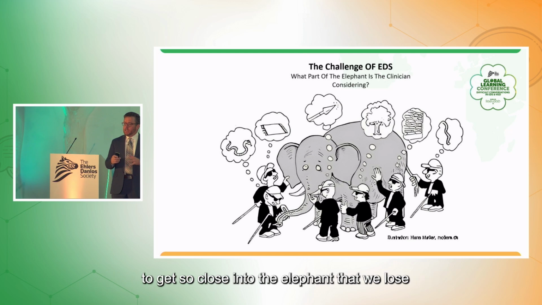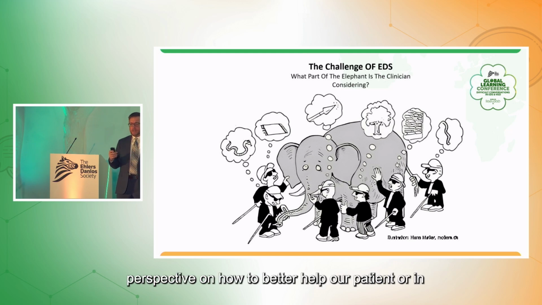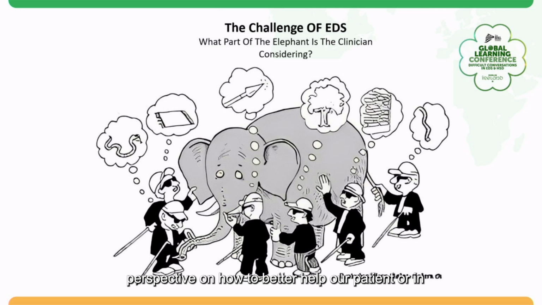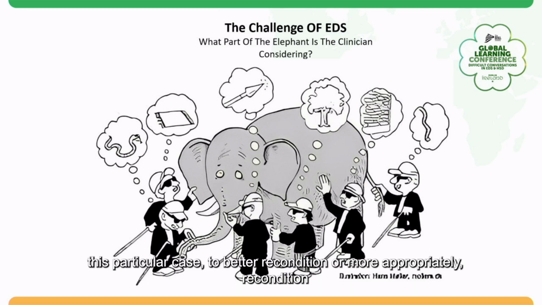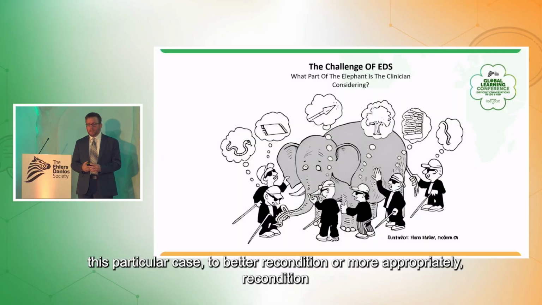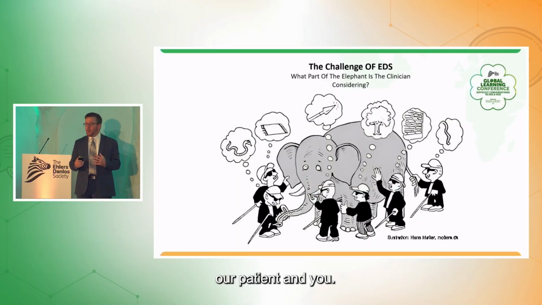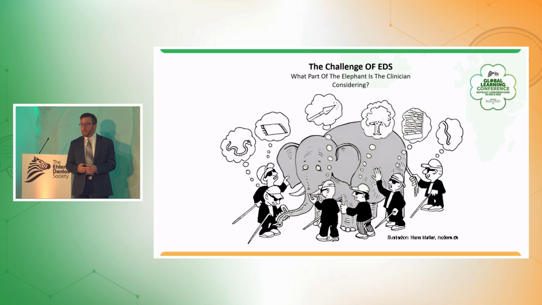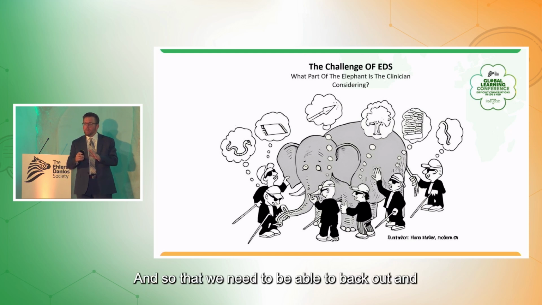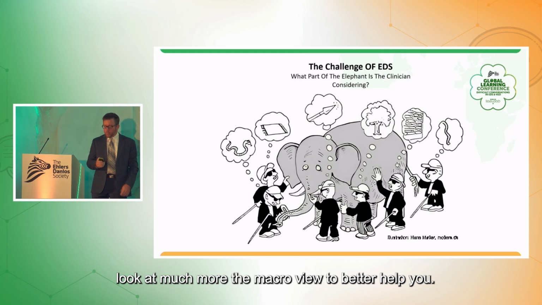And we start to get so close into the elephant that we lose perspective on how to better help our patient, or in this particular case, to better recondition, or more appropriately recondition our patient and you. And so we need to be able to back out and look at much more the macro view to better help you.